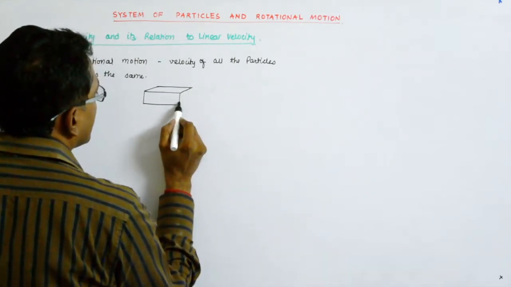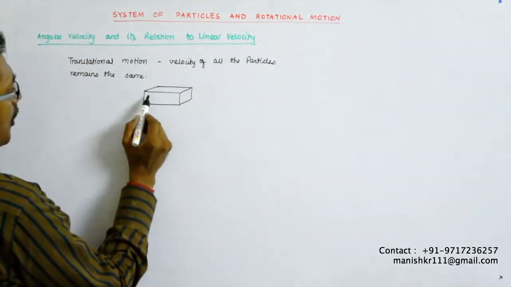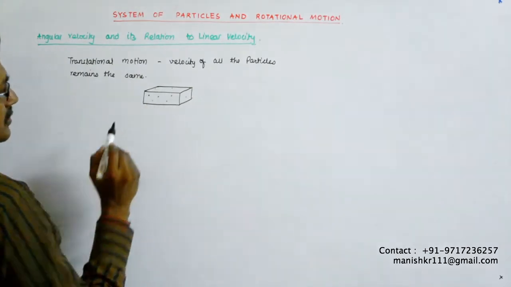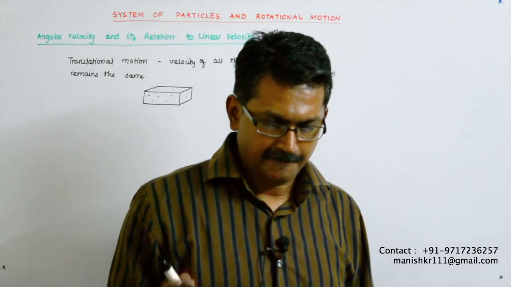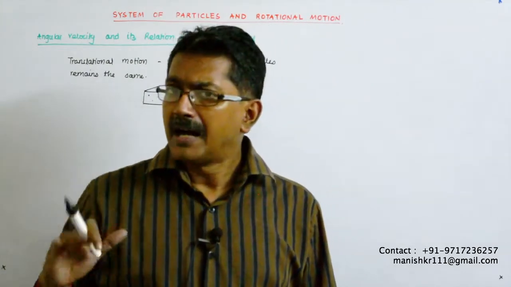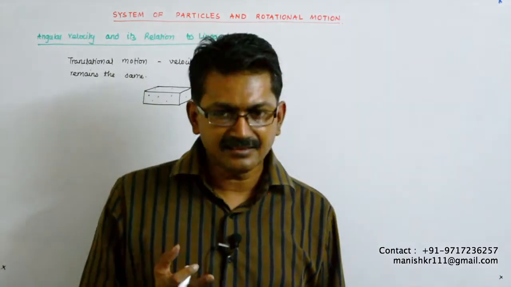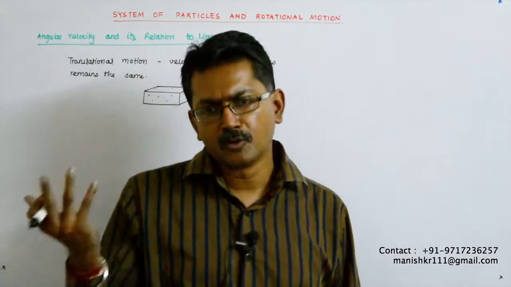What happens? All the particles, say this particle or that particle or this or that, all are moving at the same velocity. So my saying that it is moving at 5 meter per second or v meter per second makes sense, in the sense that if you pick any particle, it's moving at 5 meter per second.